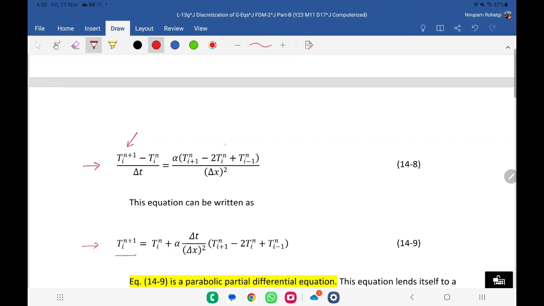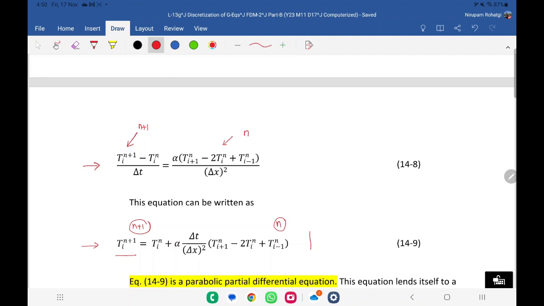On the right side all the terms are of n. So if you see this equation, on the left side it is n plus 1, on the right side it is n. Now n plus 1 is the forward step, the next time step.